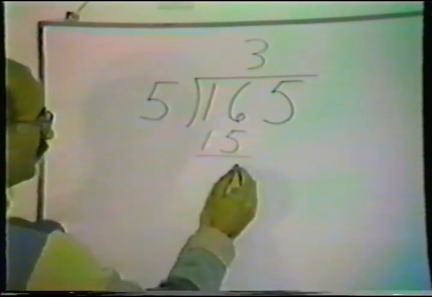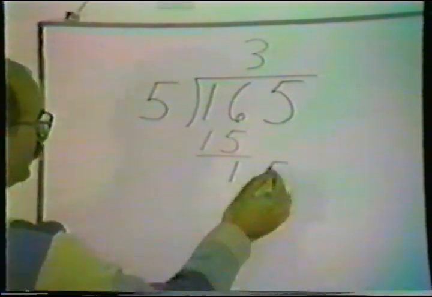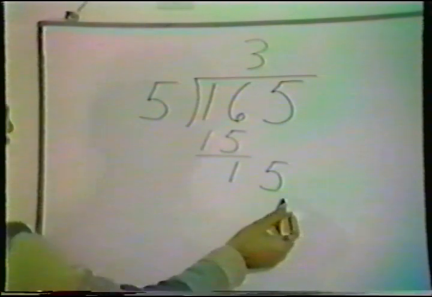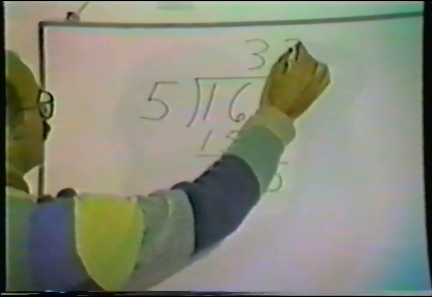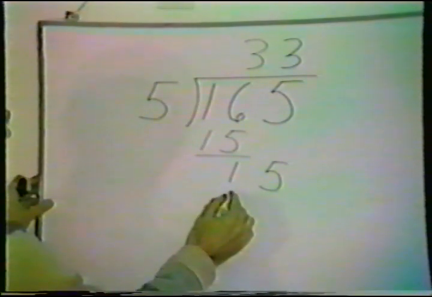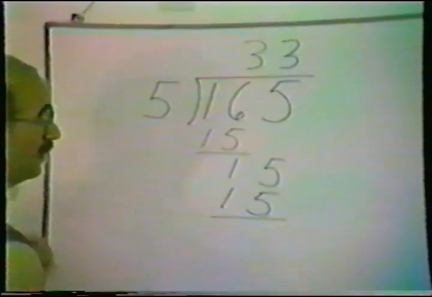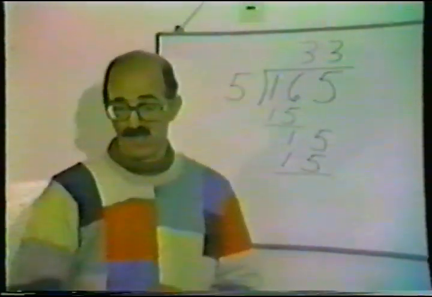Subtract and get 1. Bring down the 5. 5 into 15. 3 times. 3 times 5 is? 15. And it's done. It came out even.